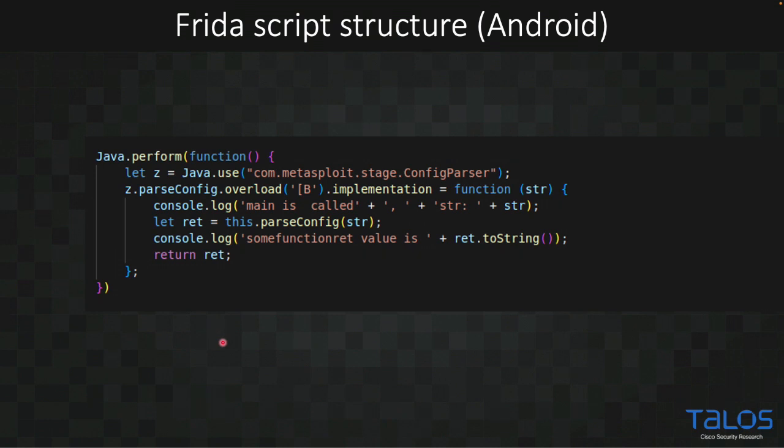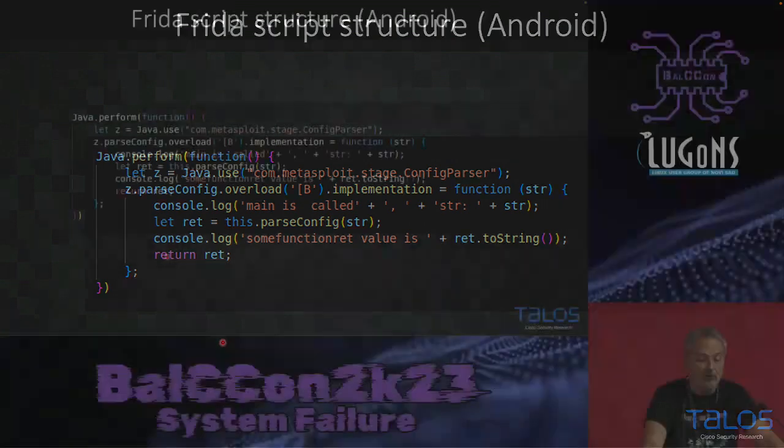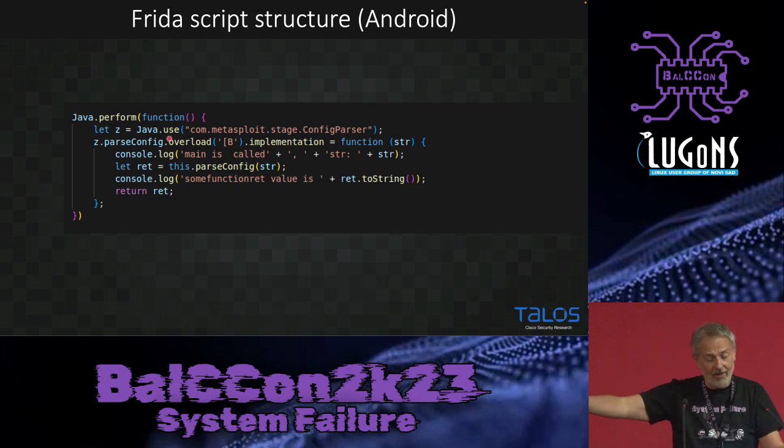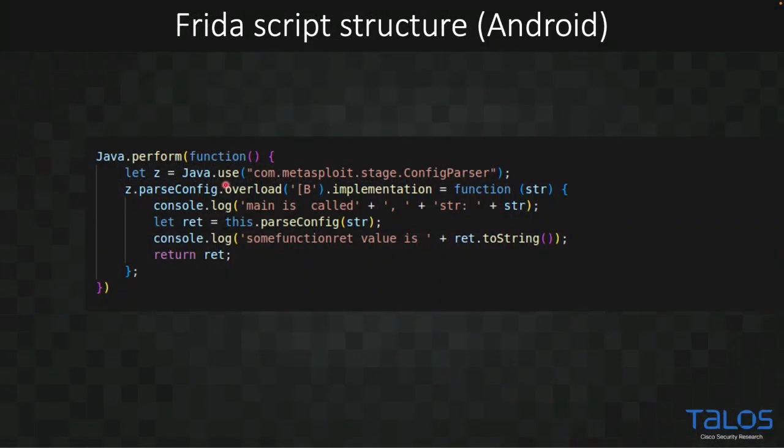And this will be like a script structure for Android for Java Bridge. So there is a Java Bridge which you launch by calling the Java.perform JavaScript API, and then you give it a function which you want to run. So the function will be run. In this case, the second call is Java.use. Java.use tells me I want to take one class from the Android side of the world, and I want to move that class to the JavaScript side of the world.